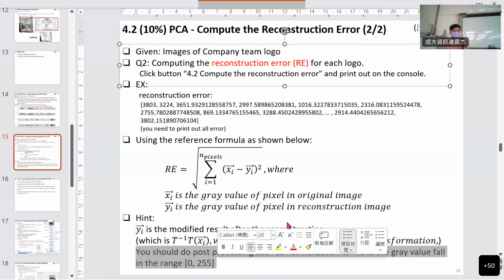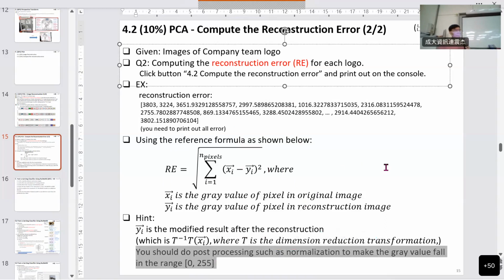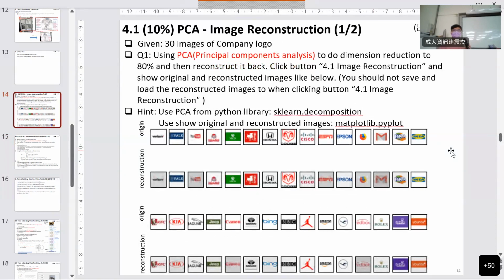Before doing the reconstruct error, you must normalize all of the original images and the reconstructed images to the gray value from 0 to 255, and then you shall do the reconstruct error, because the original image will be given in RGB.